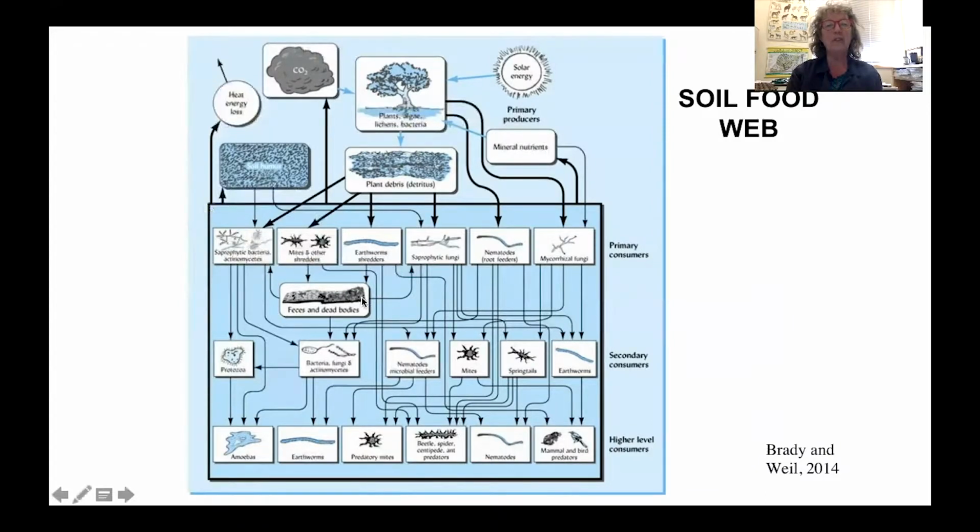So I call them sort of the front line. And then they are in turn grazed upon or preyed upon by also fauna, who then also turn over the nutrients that are inside the microorganisms that have been feeding on the plant material.